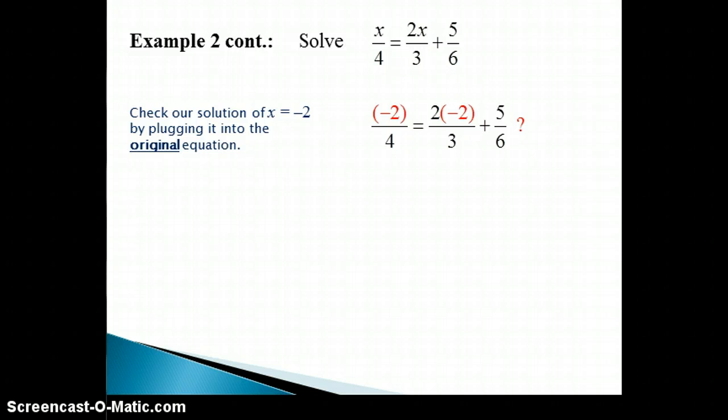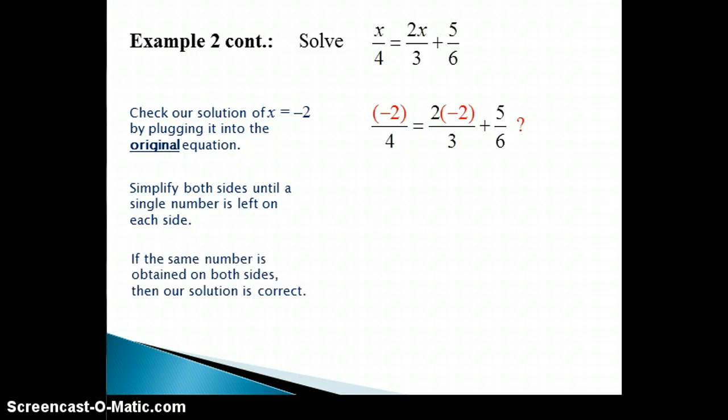And we want to know if this will give us a true statement. To answer this question, we simplify both sides until we obtain a single number on each side. If the numbers on both sides of the equation are the same, then we know it is a true statement.